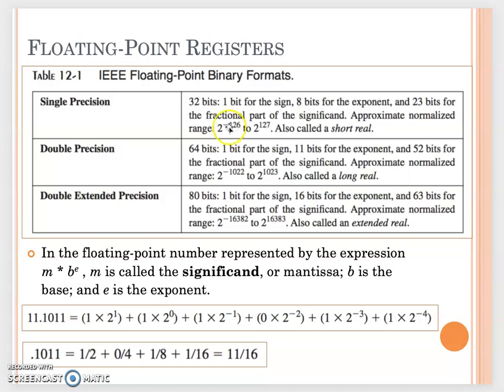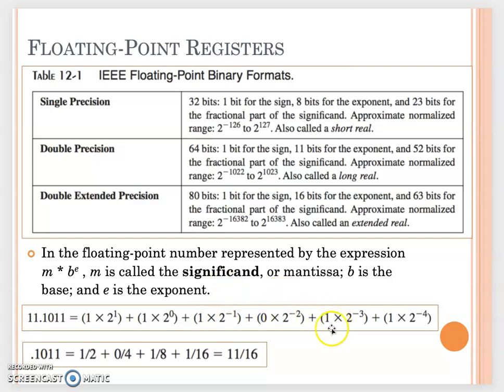If you remember exponents, when you have a negative exponent, you flip the value and put it in the denominator. So that's why here 2 to the negative 126 is actually not a negative number. It is just a very small number, because 2 to the negative 1 power means 1 over 2. 2 to the negative 2 power means 1 over 4.